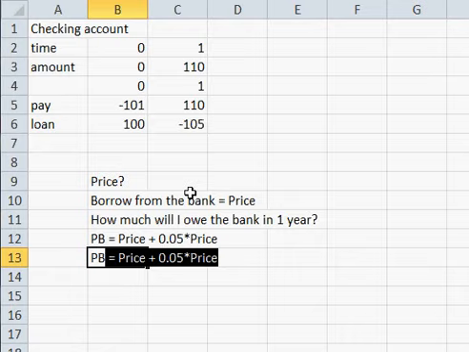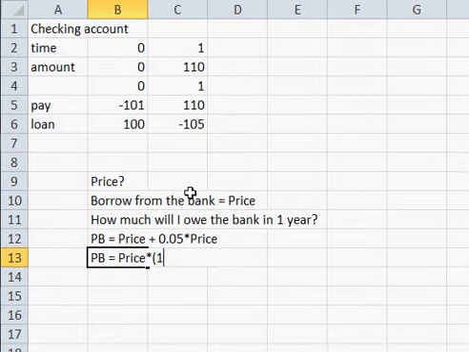So we can simplify that to be price times 1 plus 0.05. That's the distributive property at work. So we've got an amount for how much we have to pay back the bank expressed in terms of the price we paid for the checking account.